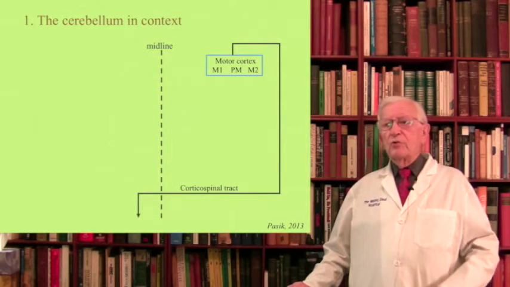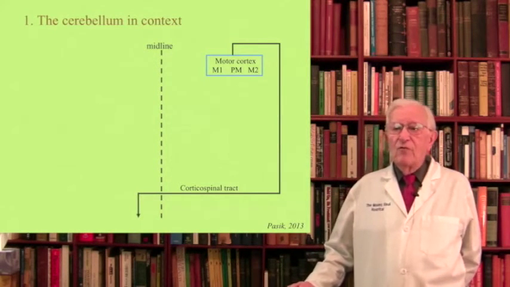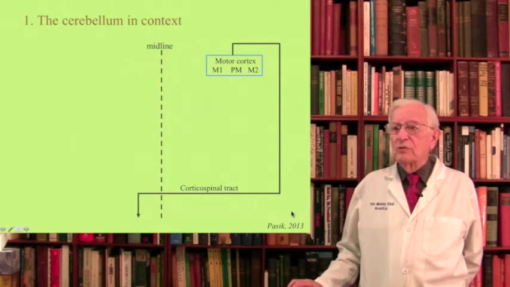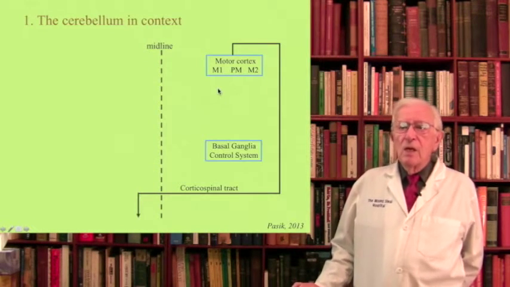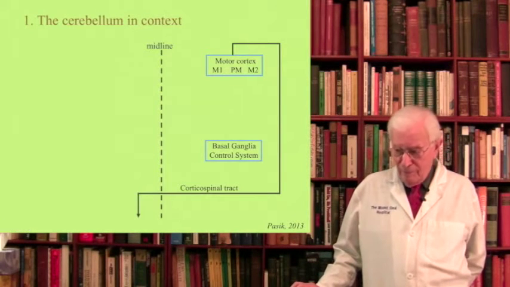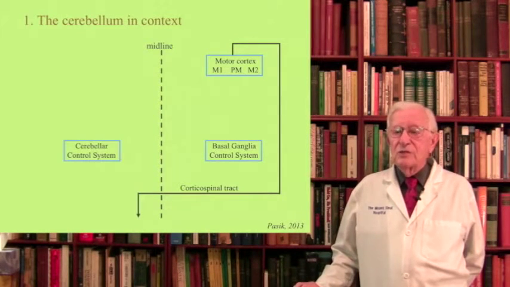Now, you know that the motor cortex gives rise to the corticospinal system, which at the level of the lower medulla crosses to the opposite side. So obviously this motor cortex controls movements of the opposite side. Then you have two systems that control the motor system. One is the basal ganglia system, and the other is the cerebellar control system.